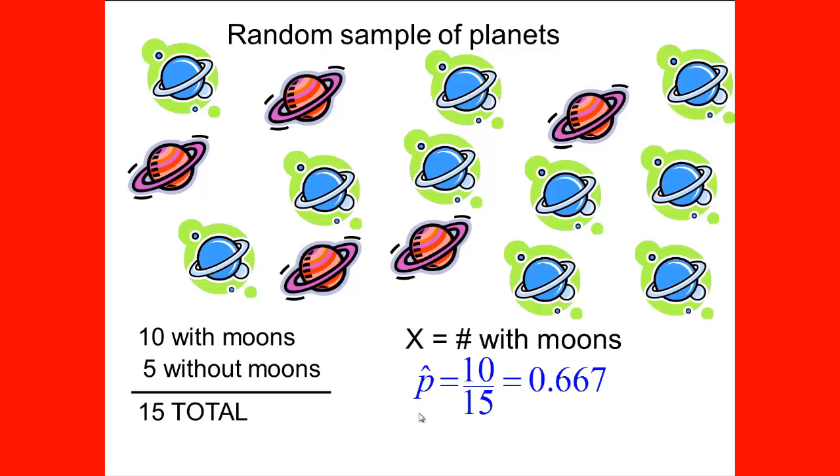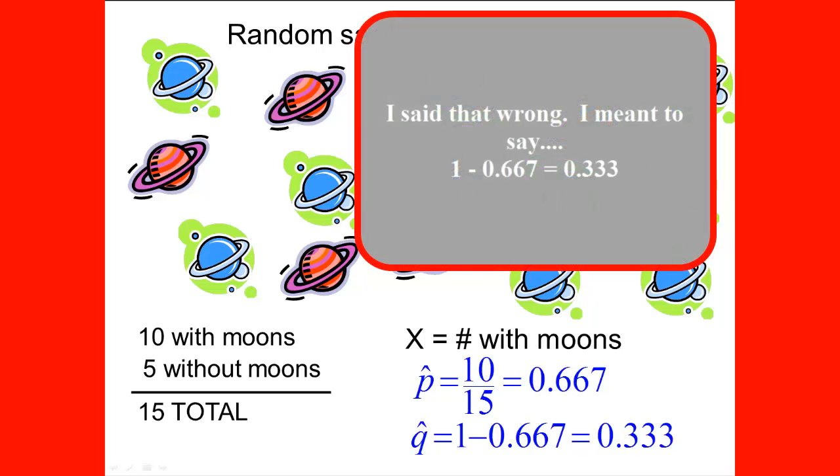0.667 in decimal form. For Mrs. Borlaug, she will round to 3 decimal places. Q hat will be 1 minus 0.667, and some of your teachers will not use the variable Q, but will just stick to listing that as 1 minus P hat, and that would be 0.333.